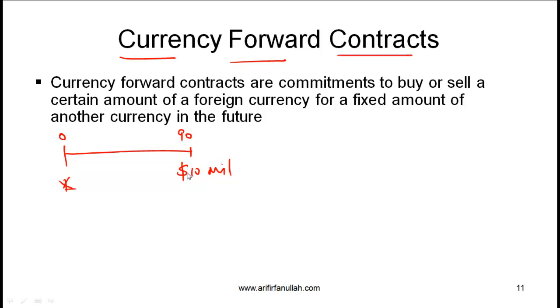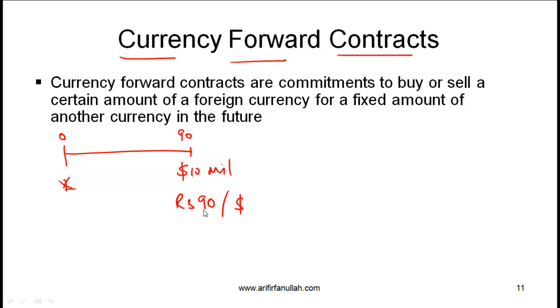So you can go to a dealer and get into a contract to basically buy dollars for rupees, say 90 per dollar. So on day 0 you are agreeing with the counterparty that you will buy $1 for 90 rupees, and the notional principal is 10 million. So essentially you are saying you are going to buy $10 million at rupees 90 per dollar.